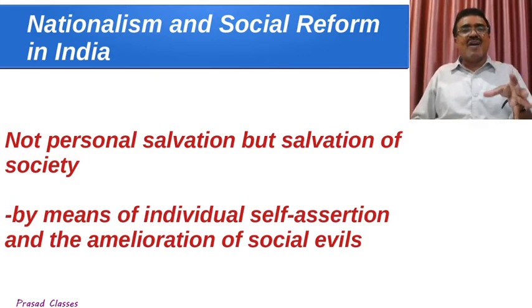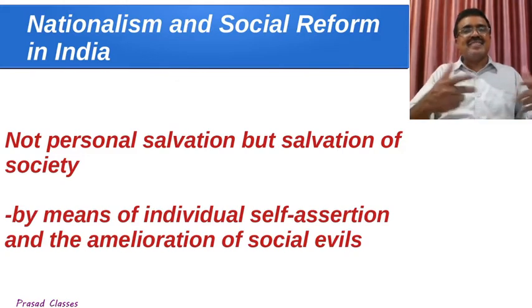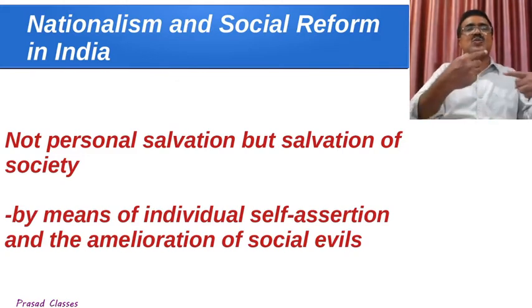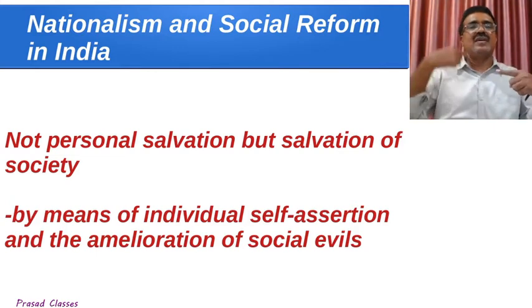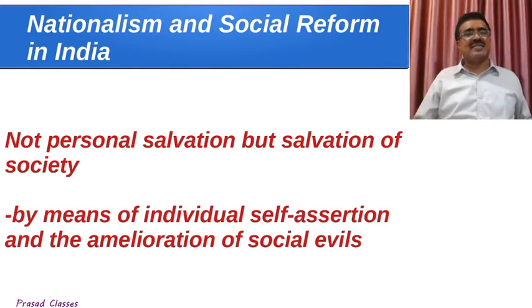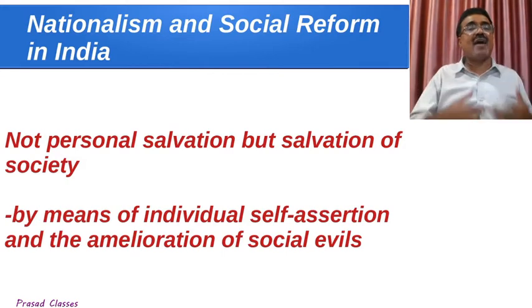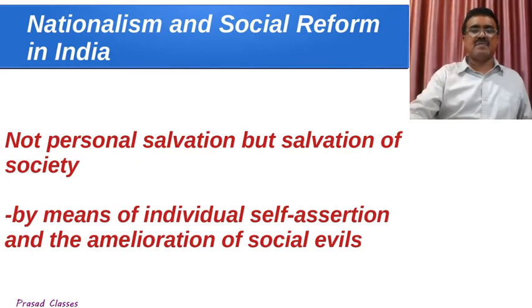What results from this is that we have a chosen set of people, and their actions have to give salvation to society. They have to organize the society. That is the main point we have to consider regarding Swami Dayananda Saraswati.